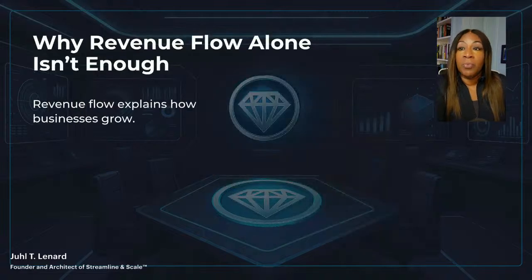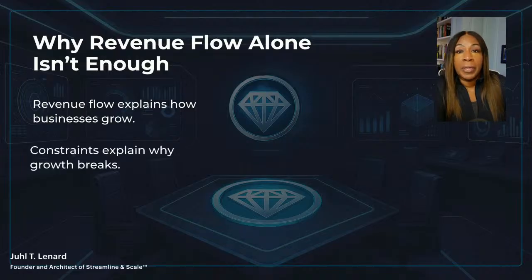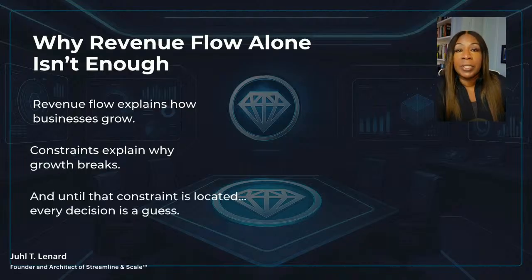But the flow alone is not enough to understand what's broken. Revenue flow helps us with business growth, but constraints tell us where that growth breaks. And until we identify the location of the constraint, every decision is a guess.